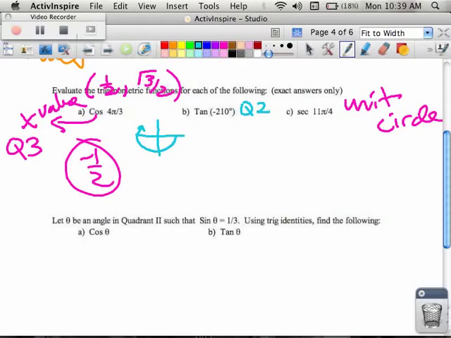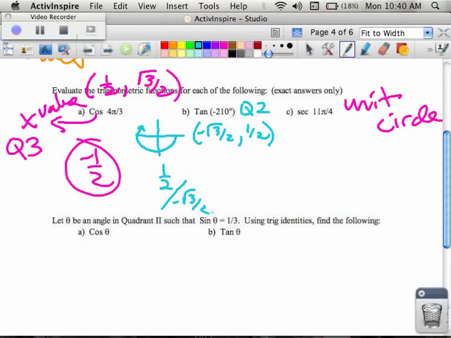So 210 is a pi over 6 angle, and in a pi over 6 angle, I have root 3 over 2's and 1/2's. If I want the tangent, I know that my x is negative and my y is positive. Tangent's always the y over the x, or the sine over the cosine. So this is like saying 1/2 divided by negative root 3 over 2, and then you just simplify that. We did one of these last week.